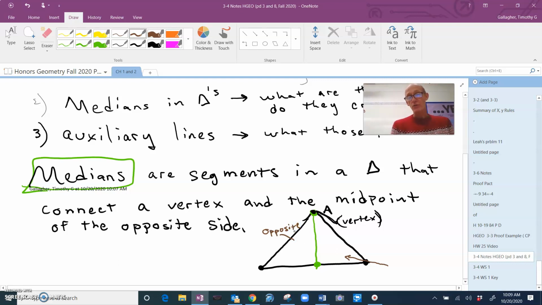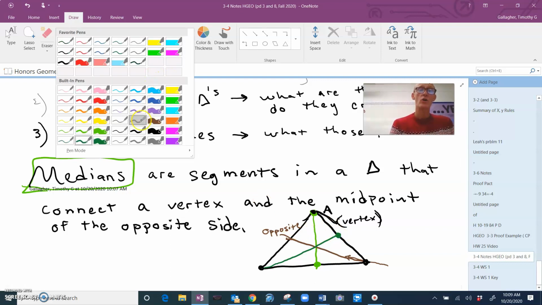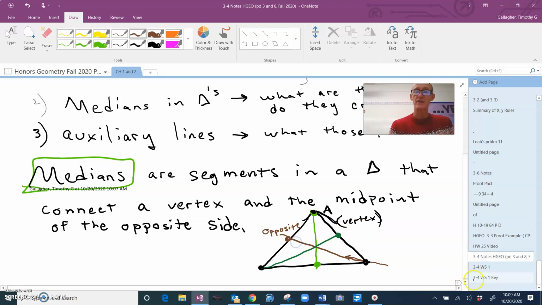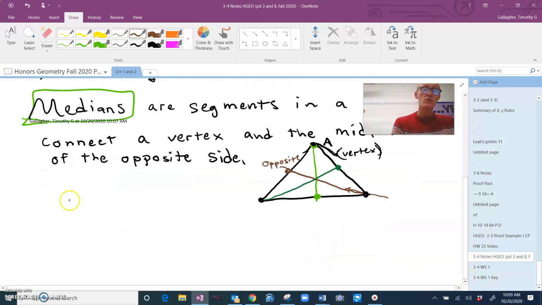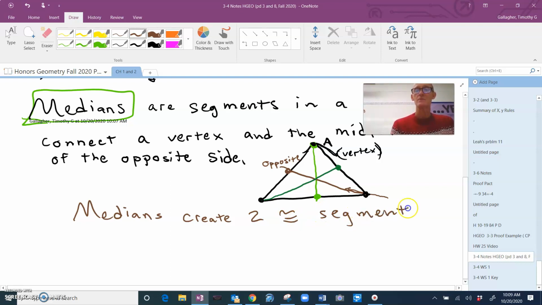Now there are three medians in each triangle. And they all go from the vertex to the opposite side. So medians create two congruent segments.